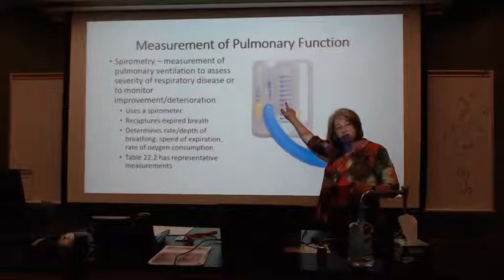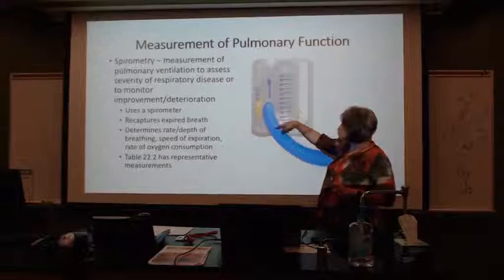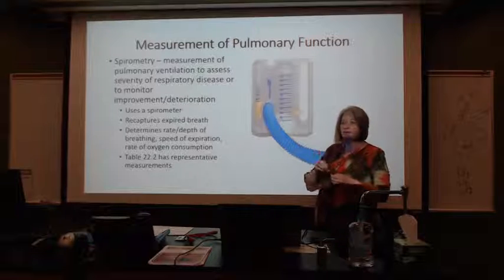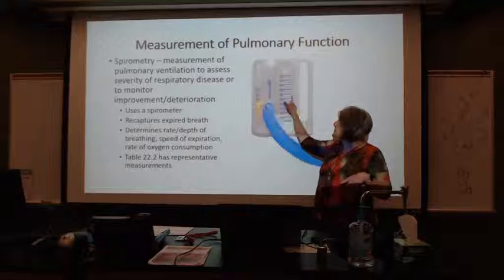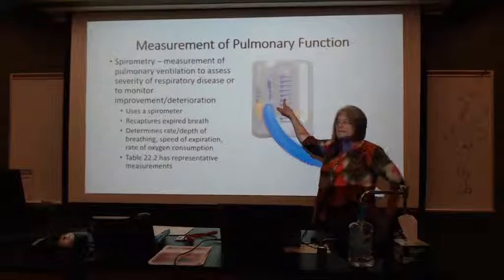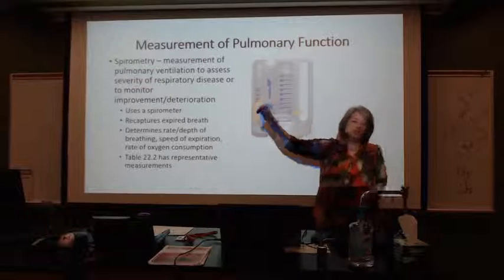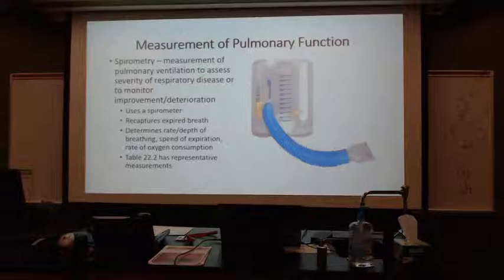So they take the numbers that will show up as the little, sometimes it looks like a little ping pong ball, whatever the case might be, okay? And as it moves, they'll measure the numbers where it lands. And they will take those numbers and put them into their calculations to determine that person's function of their lungs.